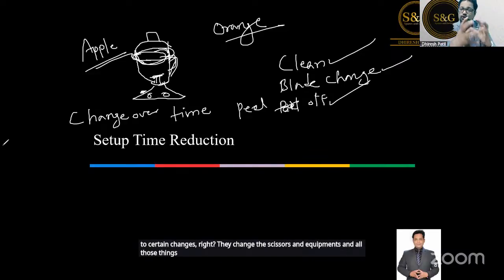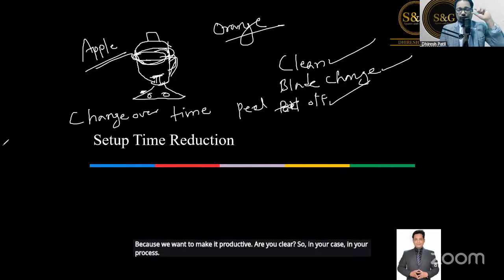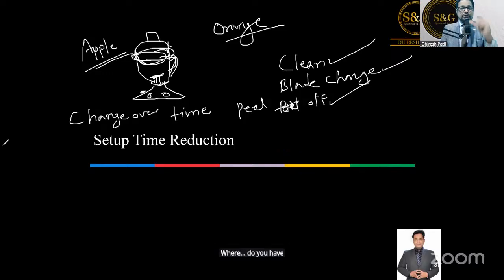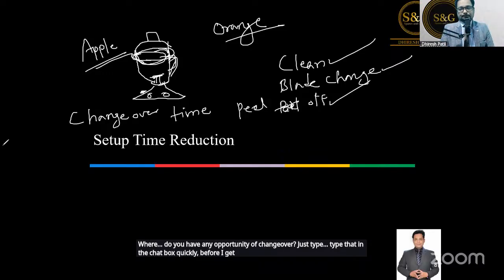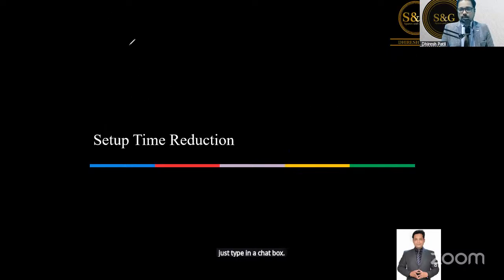So that is called a changeover time. We have to reduce it as much as possible because we want to make it productive. Are you clear? So in your process, where do you have any opportunity of changeover? Just type that in the chat box quickly before I get into that. Yes, very good. Maybe you can just briefly put that in the comment.